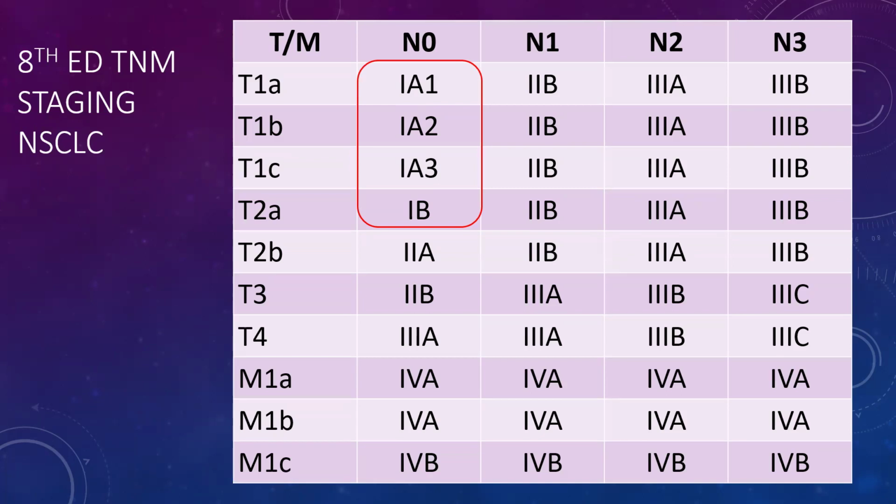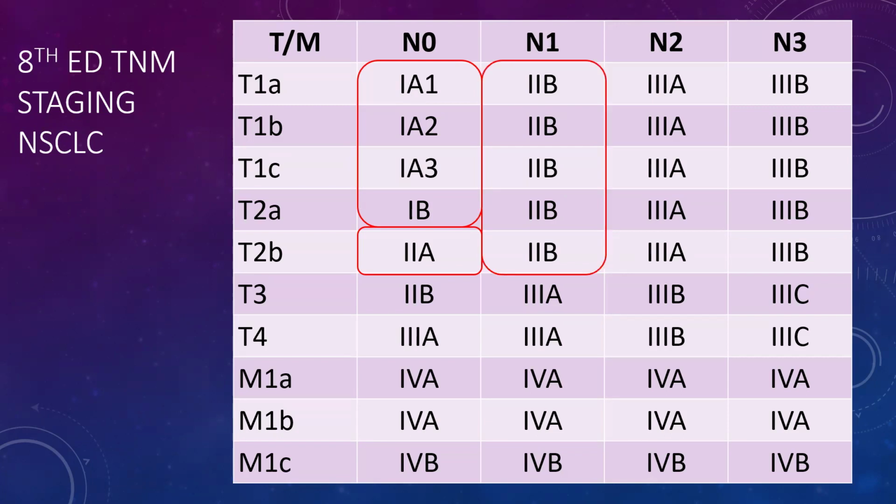If you have a T2B tumor with no lymph node involvement, again, T2B is more than 5 but less than or equal to 7. So with no lymph node involvement, that is your stage 2A. Okay.